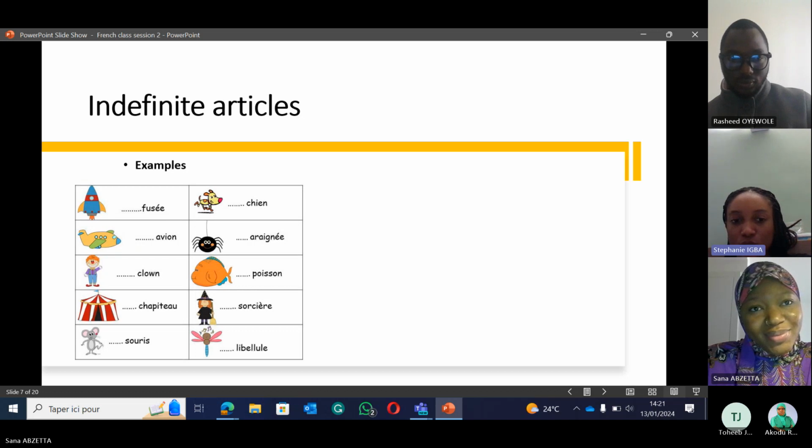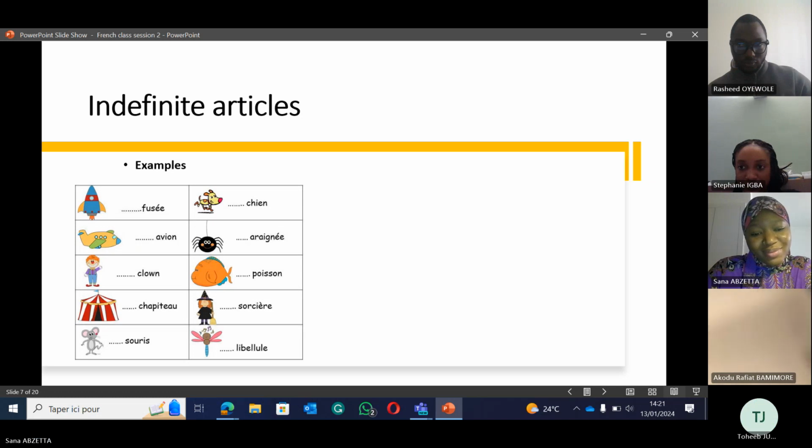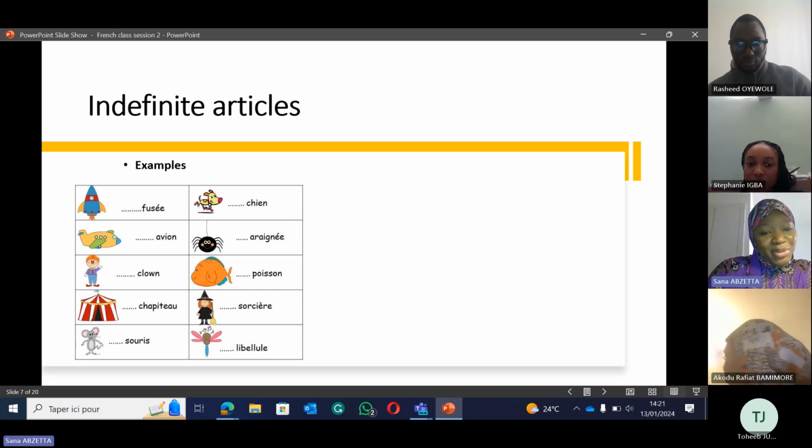It's time for you to get some vocabulary. For example, you can know now that a mouse is a souris in French. Souris in French means mouse.